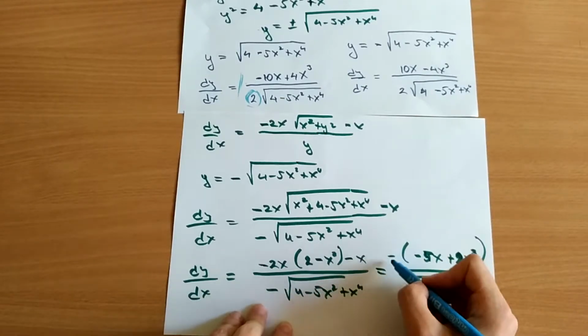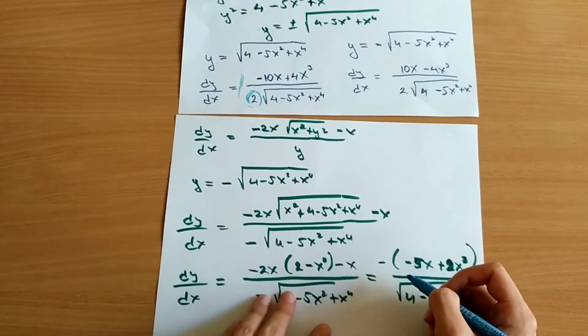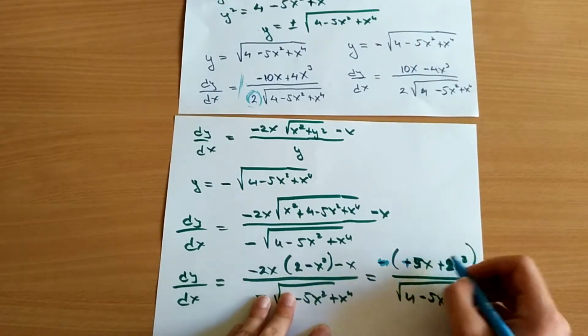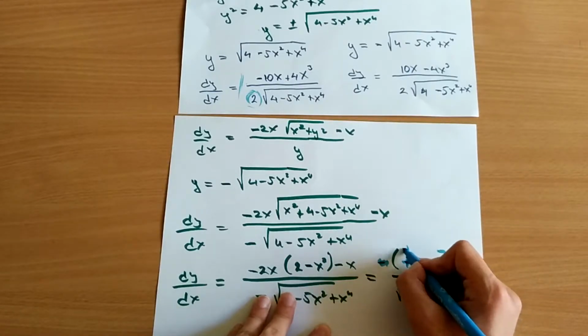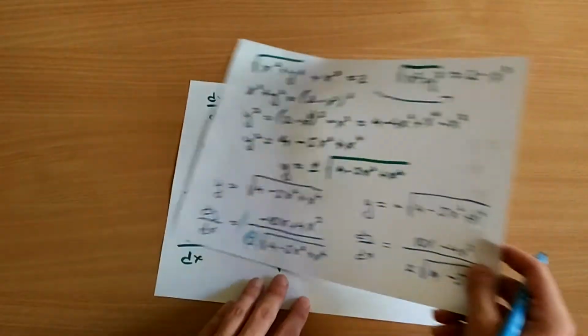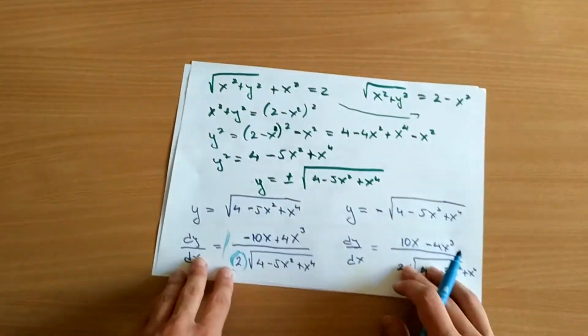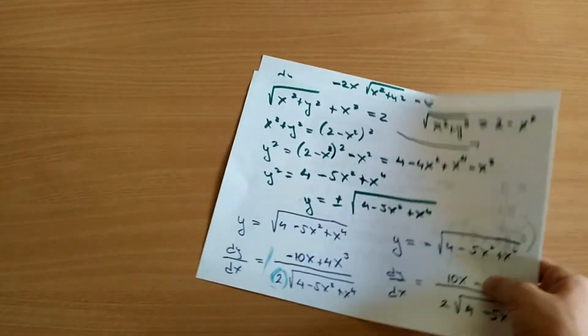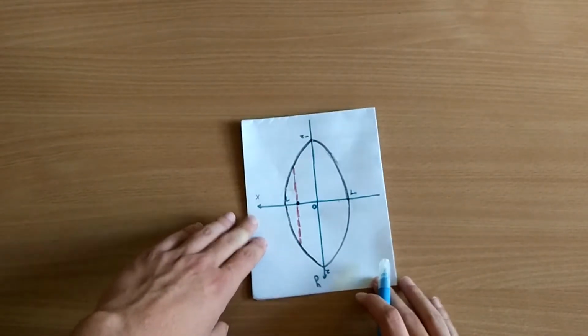If we calculate the minus as well, we'll get a plus here and a minus here, and that is the same thing that we got through explicit differentiation.